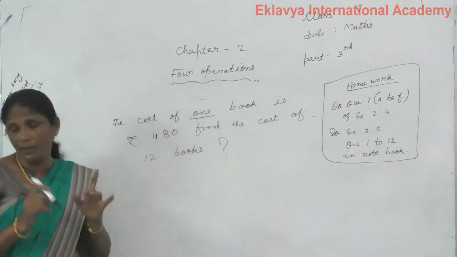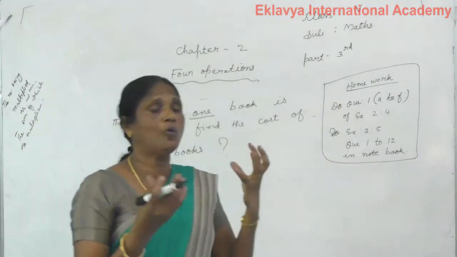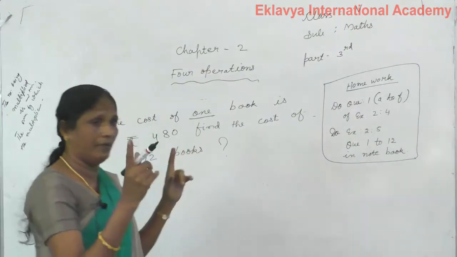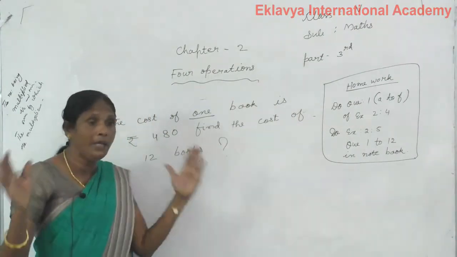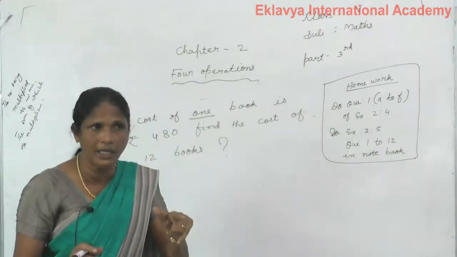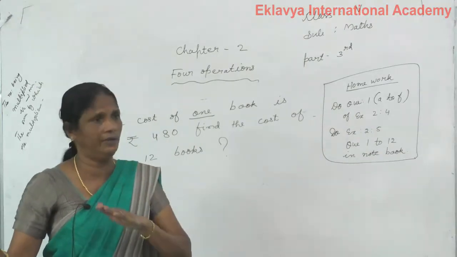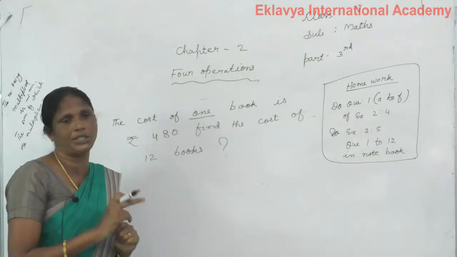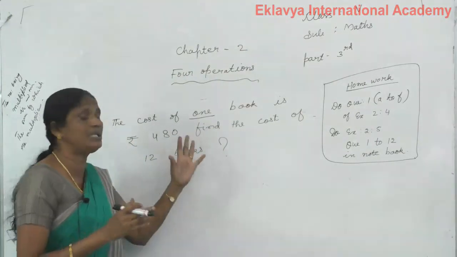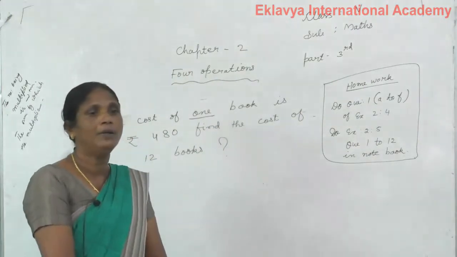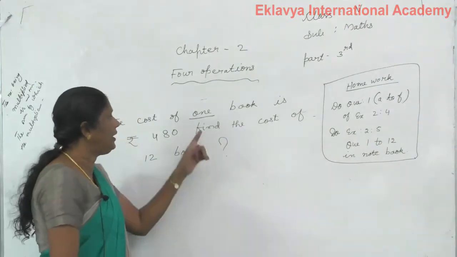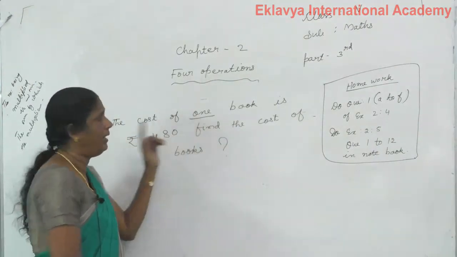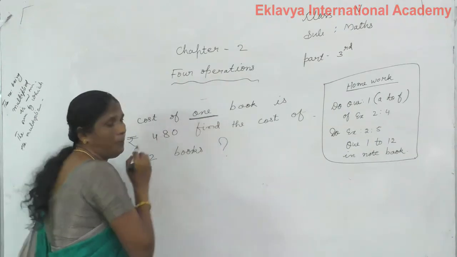The cost of one book is 1. One is given, many you find. Therefore, this question is multiplication. How to identify whether this is multiplication or division? First you read, then underline the main point.